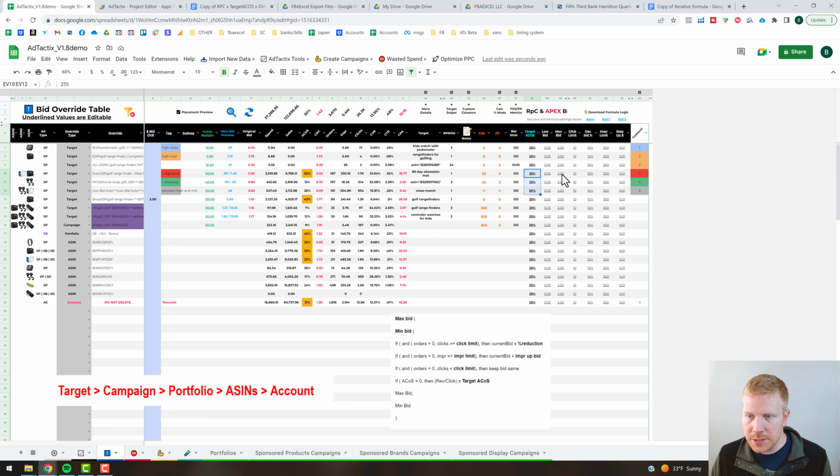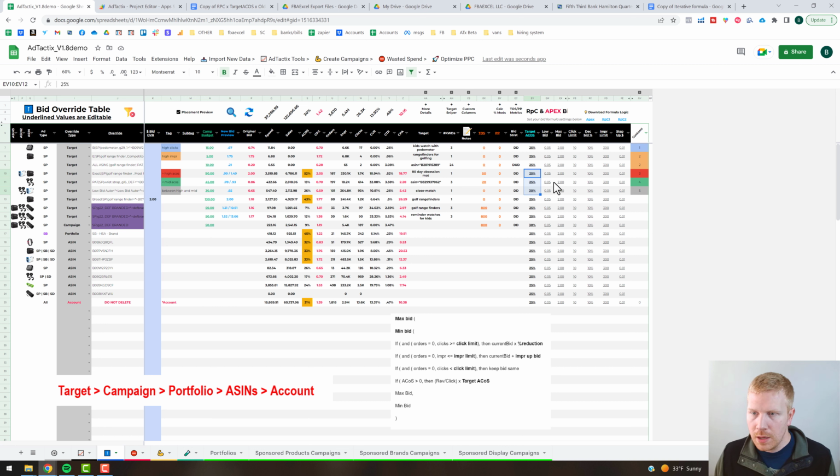You've also got some lower floors and ceilings: if the calculation says it should be greater than $2, it's not going to let you do that because you've got that set. So you'd have to adjust this higher if you wanted to give it more room.